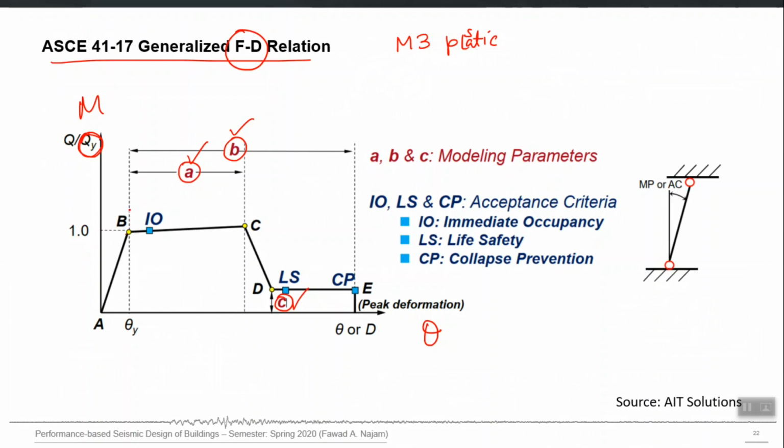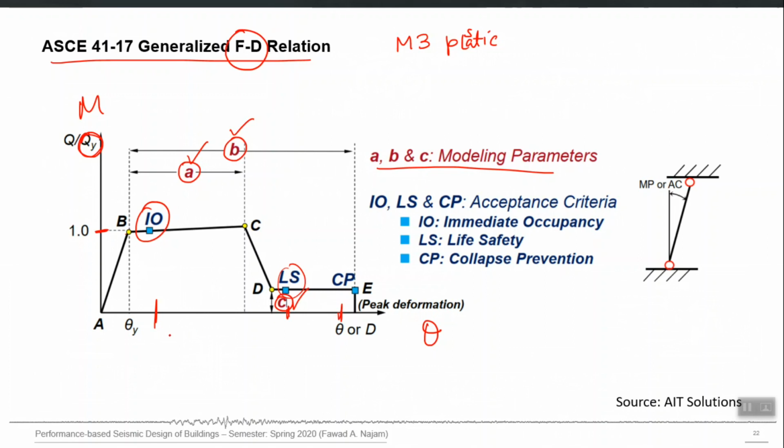So, all the material properties and cross sectional properties of your beam will be used to calculate My, and then at that particular My your curve is going to yield, and you will require the other a, b and c along with My to construct that complete curve. So, a, b, c are modeling parameters, and ASCE 41 also provides us the IO level plastic rotation, LS level and then CP level.